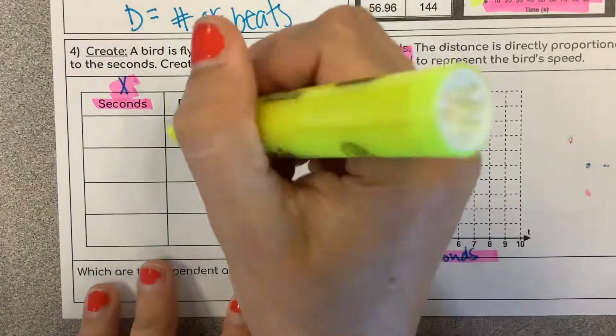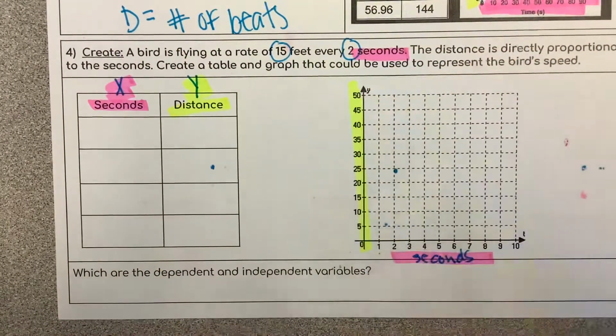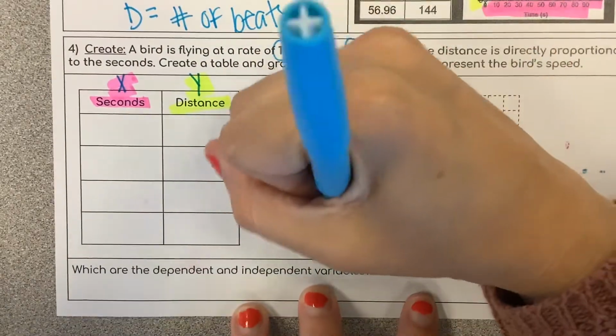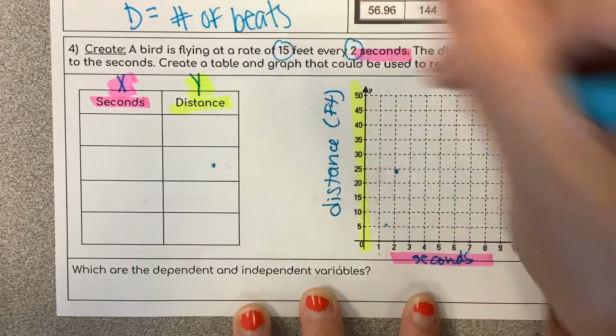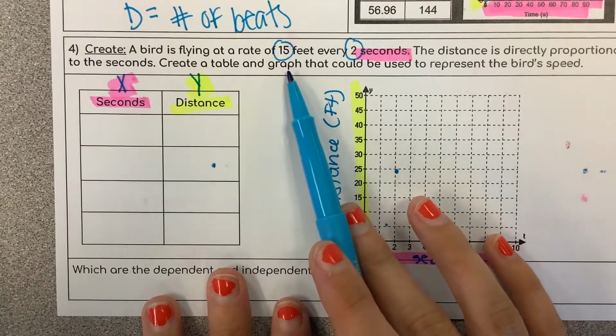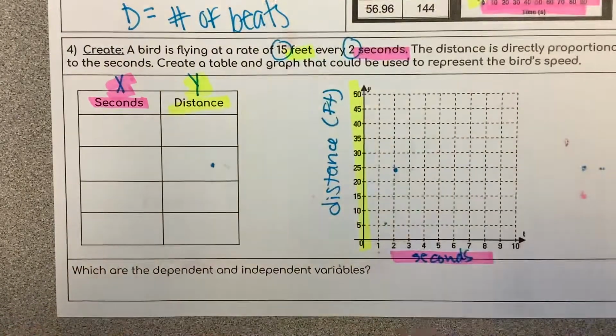So that means our distance, y, is our dependent variable. So our distance in feet. It gave us the first ratio, 15 feet every 2 seconds.